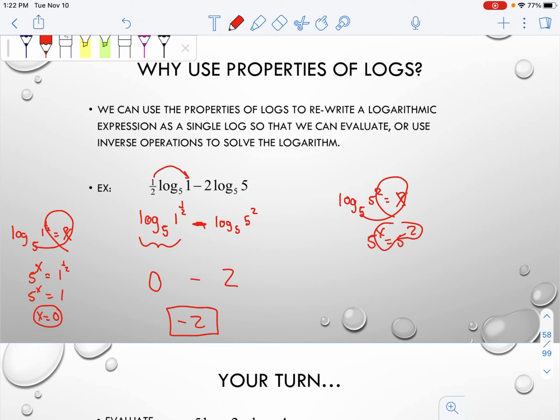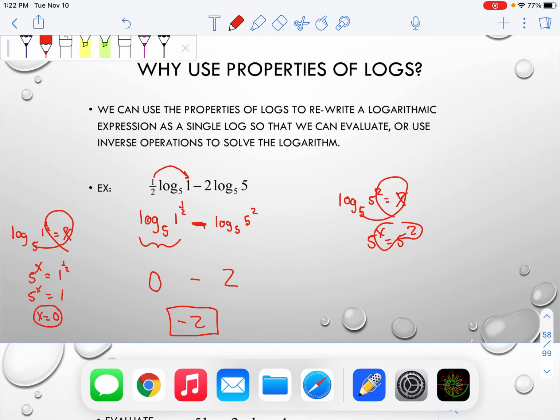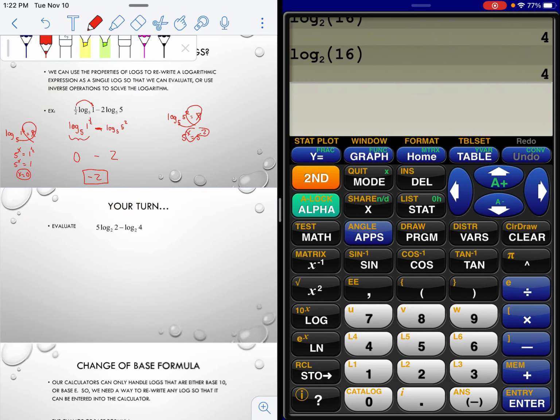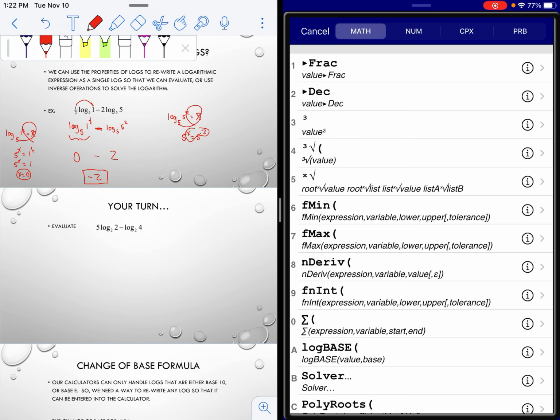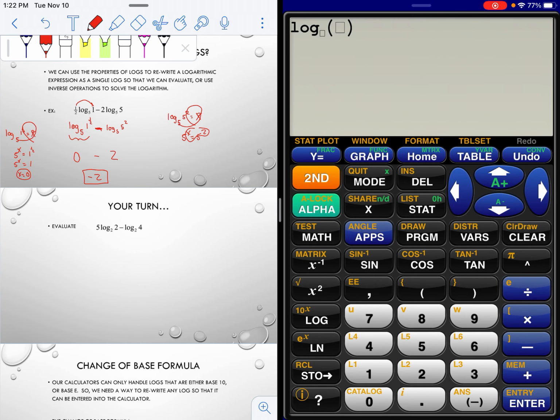Questions with that? You can check this answer on your graphing calculator. I'm going to show you that as well. It requires you to use the math button and then go down to option A, log base. You can type all this in. Let me do the 1/2 first.